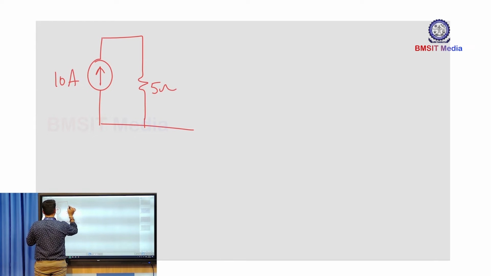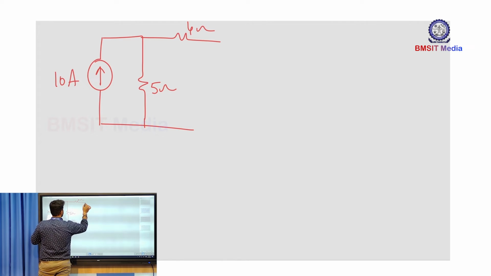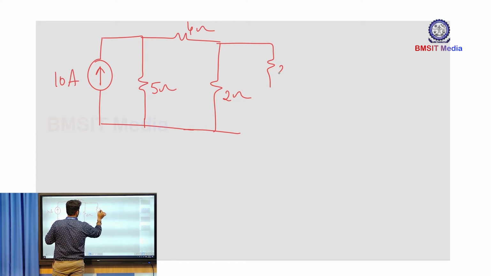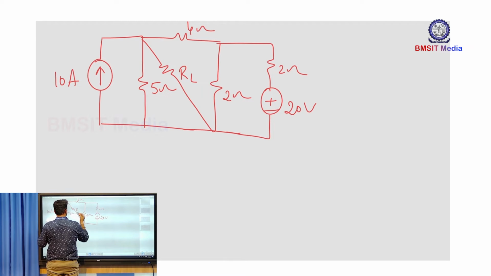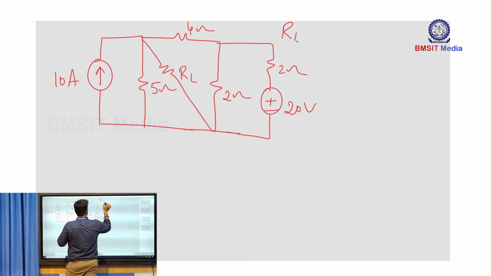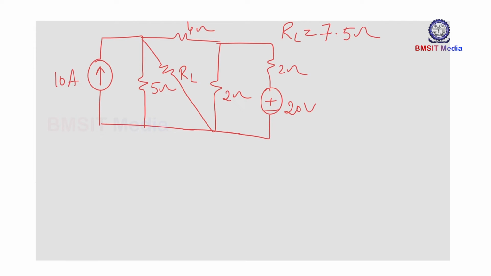It's a 5 ohm resistor here, and this is a 4 ohm, and this is your 2 ohm resistance, and one more 2 ohm here, and the source at 20 volt, and there is a load resistance which is given here. The value of RL is given, it is 7.5 ohm.